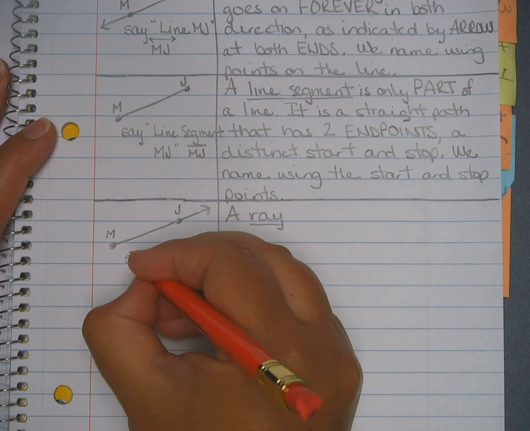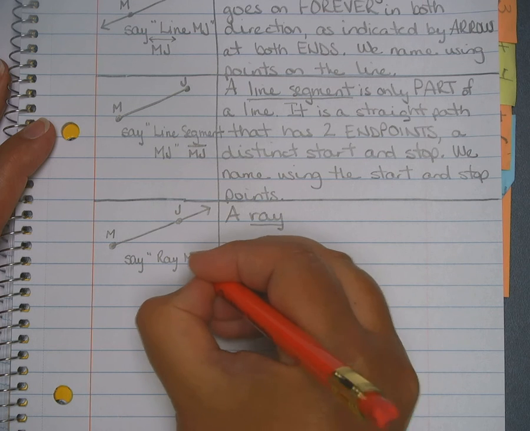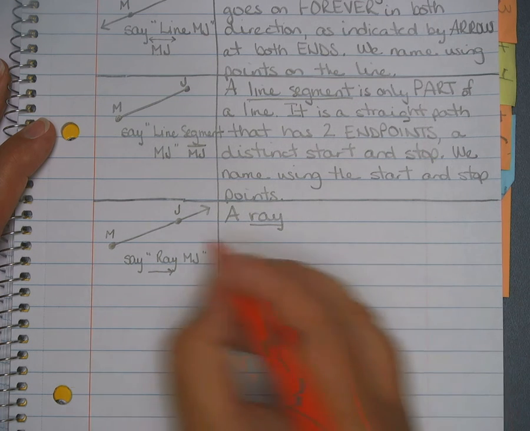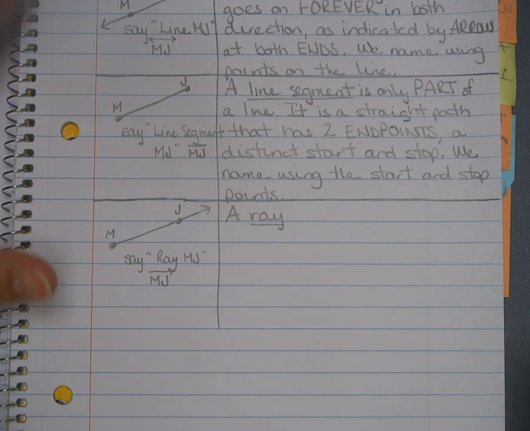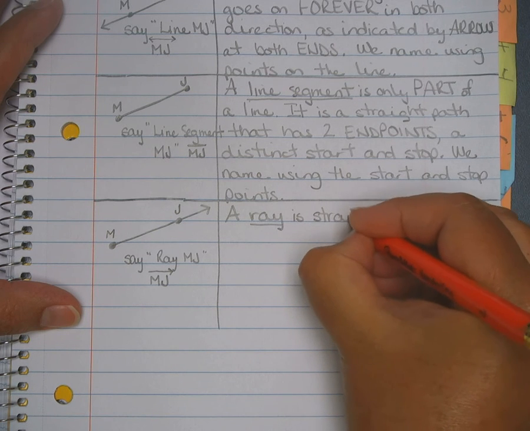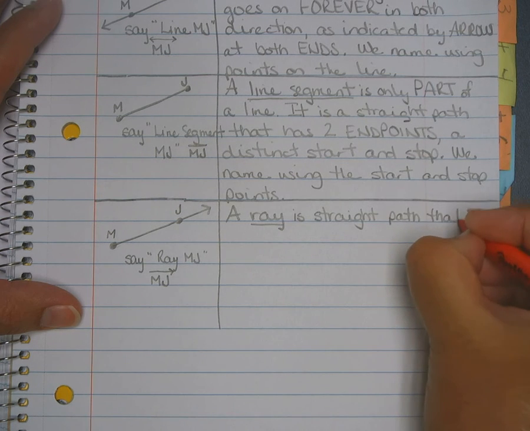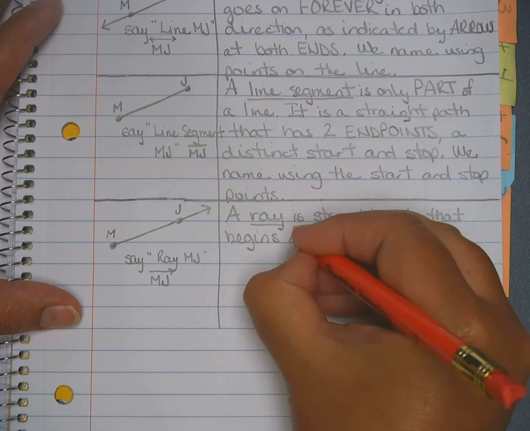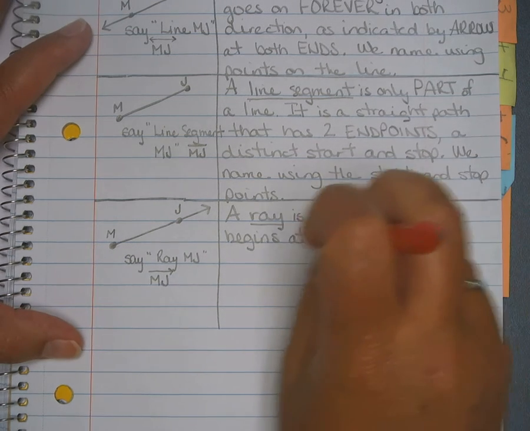Again, when talking about this, we would say that this is ray MJ. And to draw a symbol for it, we would draw a quick ray with the letters M and J beneath it. So by definition, and as a review, a ray is a straight path that begins at a single point. We'll say that it begins at an endpoint. Well, I might want to capitalize that.